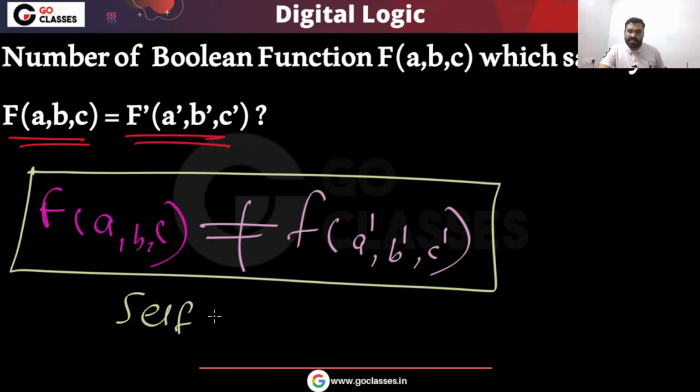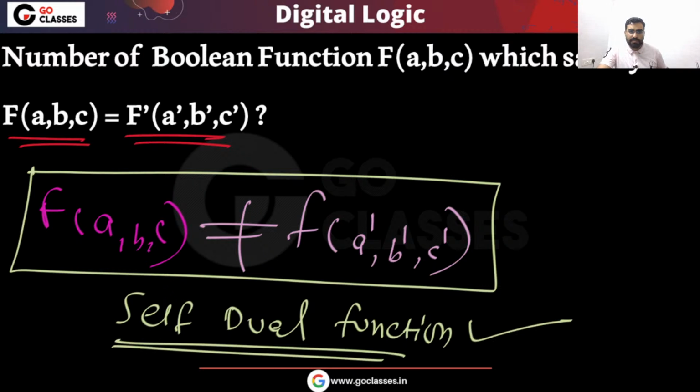Yes or no? This type of function is a self dual function. We have already seen this function is called self dual function. Self dual function means f(a,b,c) should be different from f(a bar, b bar, c bar). They must be different. So this is your self dual function.